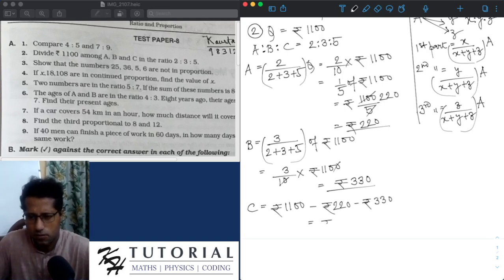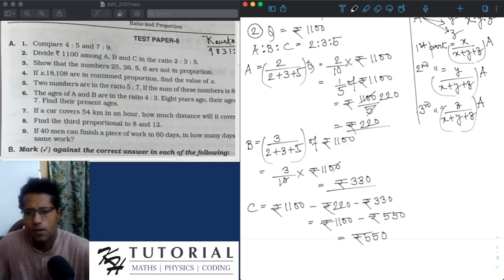This is rupees 1100 minus rupees 550. This equals rupees how much? 550. So A will be rupees 220, B is rupees 330, and C is rupees 550.